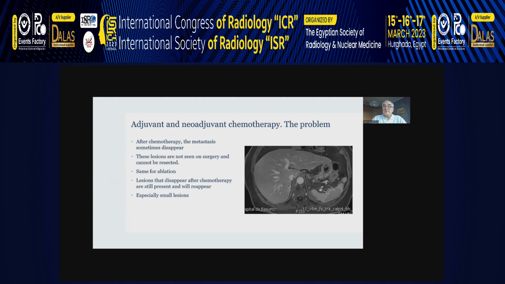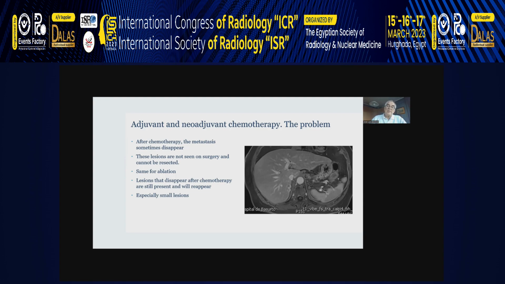The problem with adjuvant and neoadjuvant therapy, especially neoadjuvant therapy, is that frequently after chemotherapy, the metastases sometimes disappear. It's not infrequent. I've seen this in person sometimes, that when the surgeon is going to resect a metastasis after chemotherapy, the surgeon can't find the metastasis anymore because the metastasis sometimes disappears completely, but some cells remain.